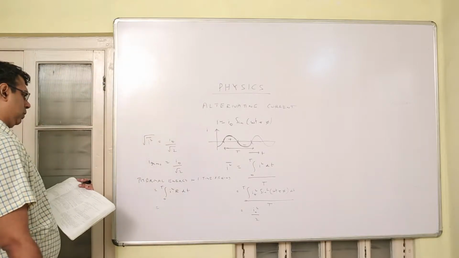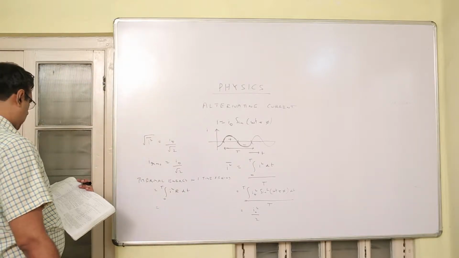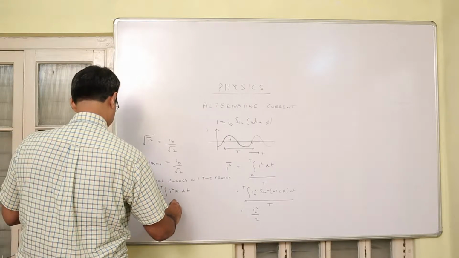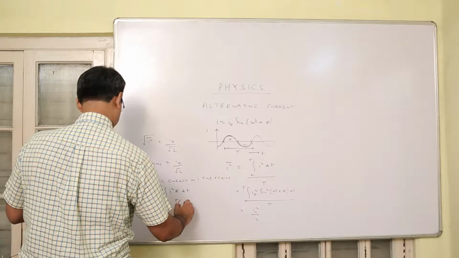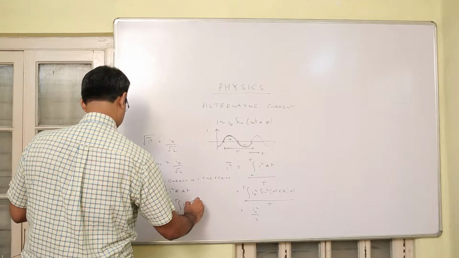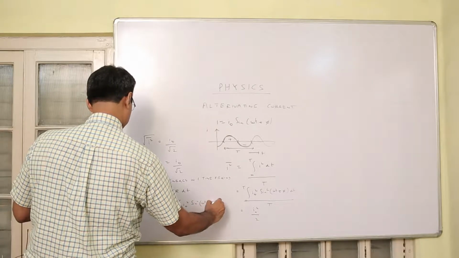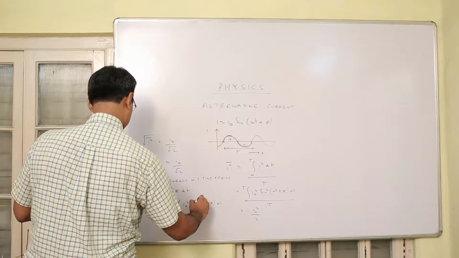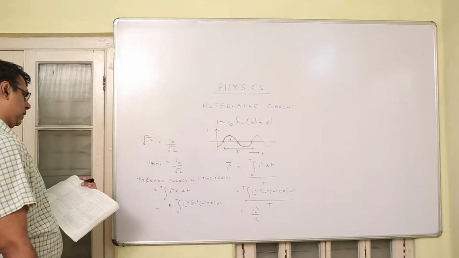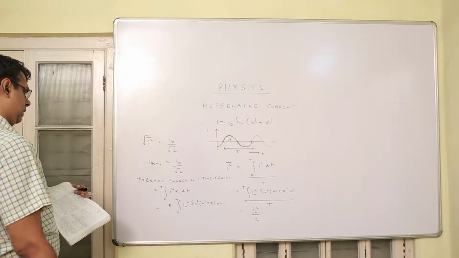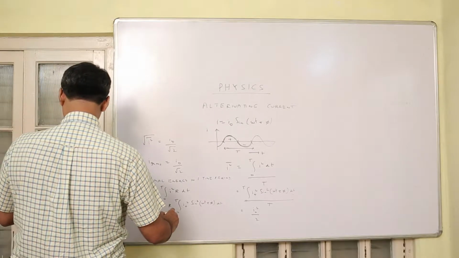So this is coming to 0 to T I square R dt, so that is 0 to T I0 square R sine square omega t plus phi dt.